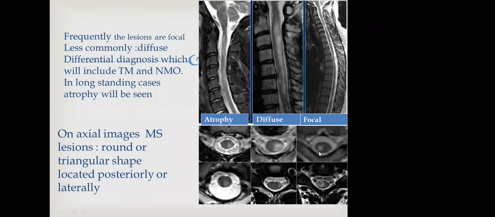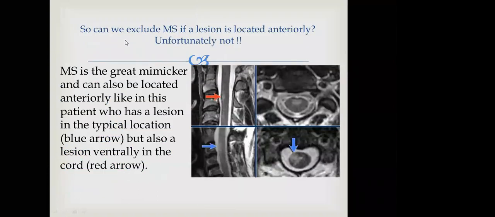In cross section, the MS lesion usually appears as a round focal lesion, or it could be a triangular shape in the posterolateral part of the section. So can we exclude spinal MS if the lesion is anteriorly isolated?